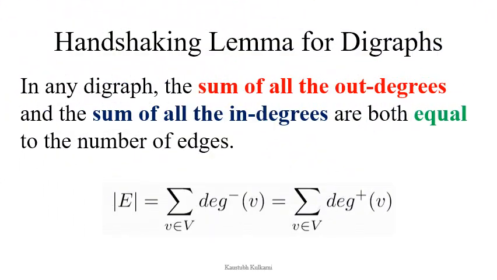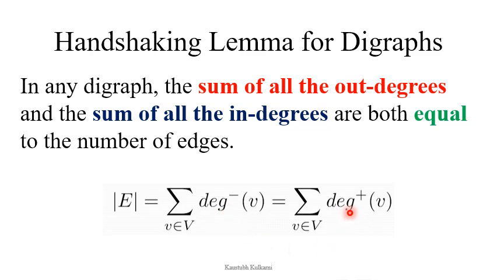Now, the handshaking lemma version for digraphs: instead of taking the sum of the degrees of all the vertices, we can take the sum of all the in degrees and the sum of all the out degrees. That sum is equal. There are as many incoming edges as there are outgoing edges.